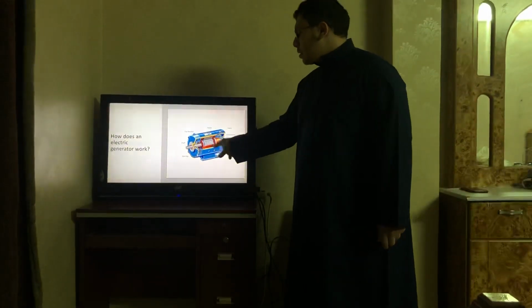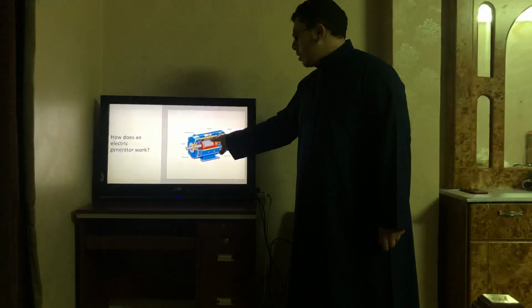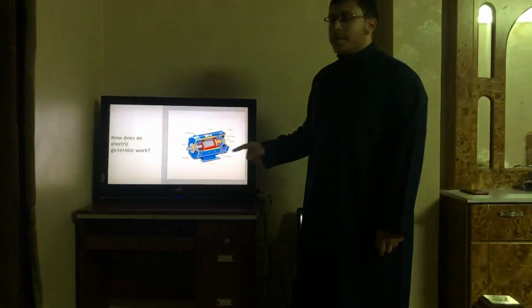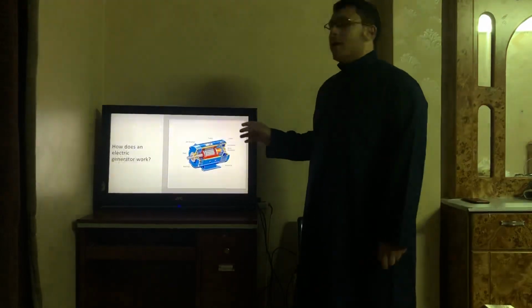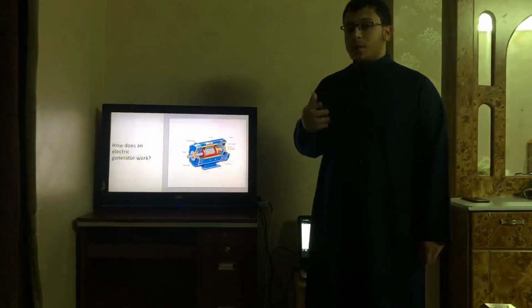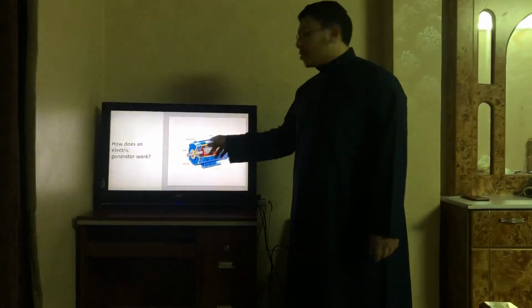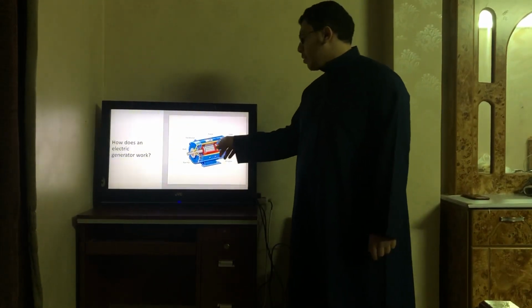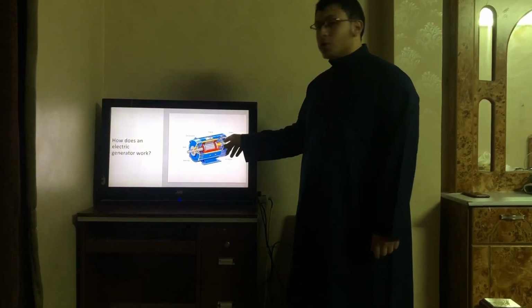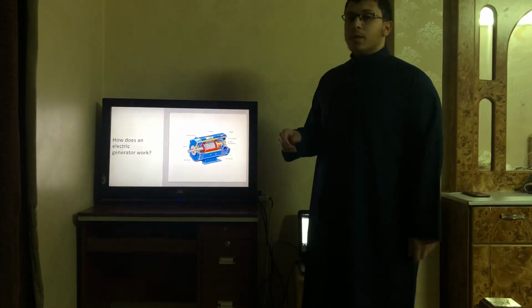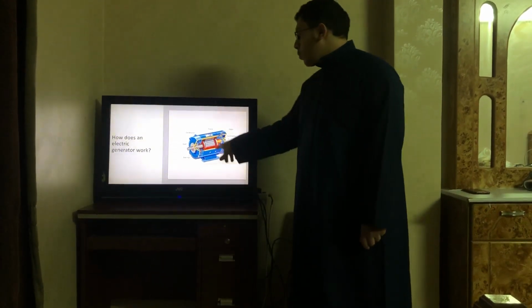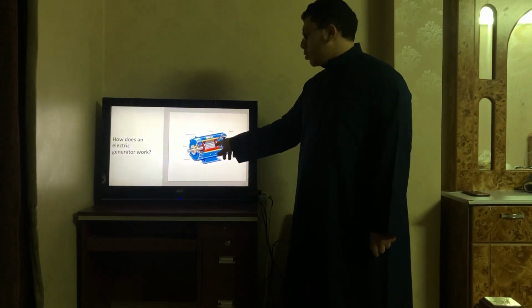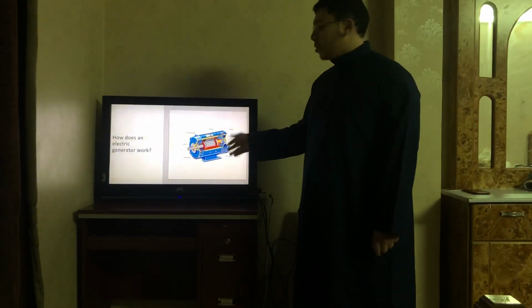The armature is placed inside a stator. The stator is a stationary magnetic field that is used to produce a magnetic current. So when this armature rotates inside the magnetic field produced by the stator, it will produce electromagnetic induction. So when the electromagnetic induction is produced, electricity will be produced.